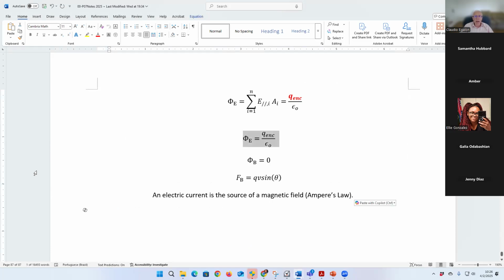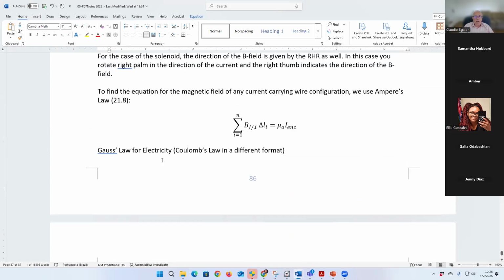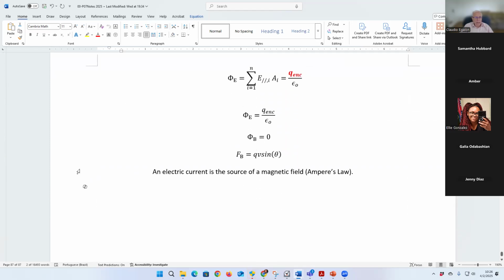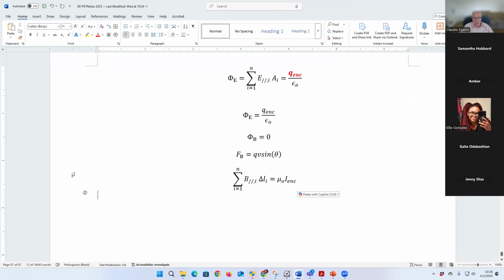This one doesn't change, this one doesn't change, but this one is going to change. This one is going to be written here, and you have to understand what all those things mean. You will understand that just by doing some examples.